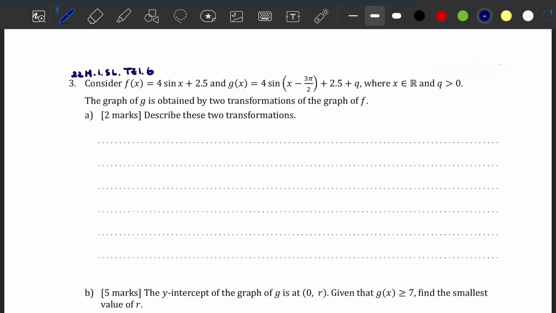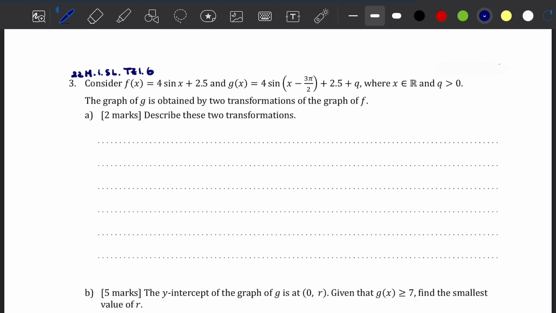So the third question of the day is from year 2022, May IB Math AA SL exam, and this is a paper 1 question. It says, consider f of x equals 4 sine x plus 2.5 and g of x equals 4 sine (x minus 3 pi over 2) plus 2.5 plus q, where x is all real numbers and q is greater than 0.